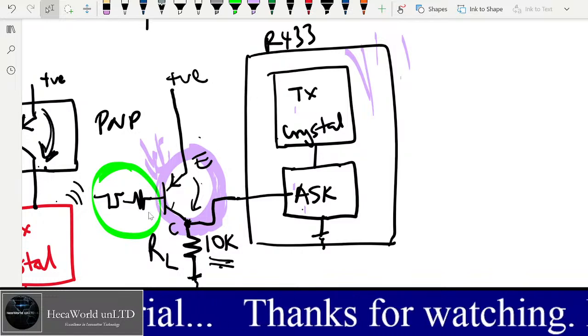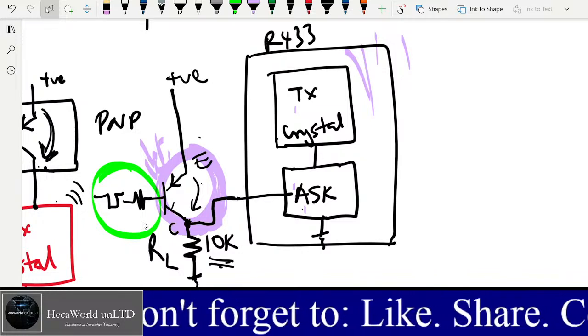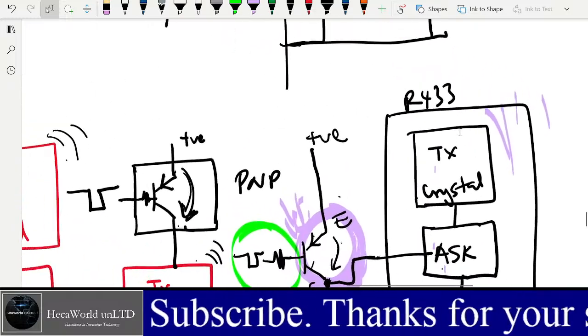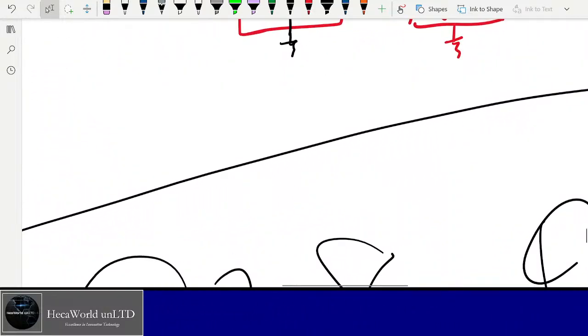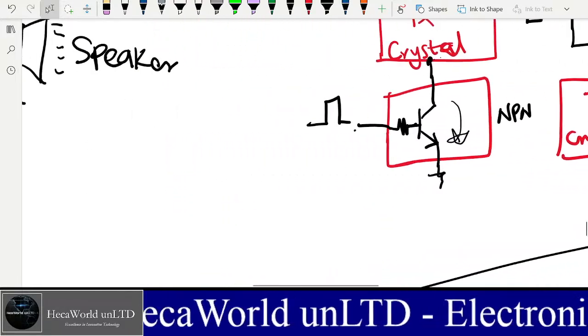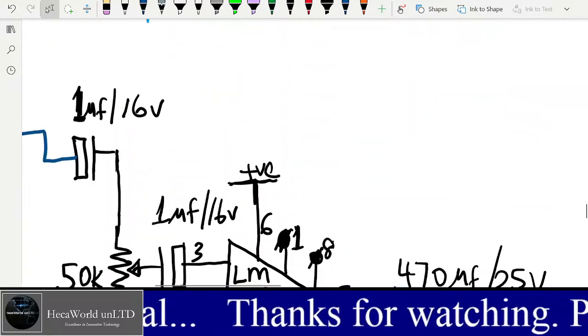All right, so let's find that circuit, and then we're going to analyze it a little bit. So here is a circuit diagram.